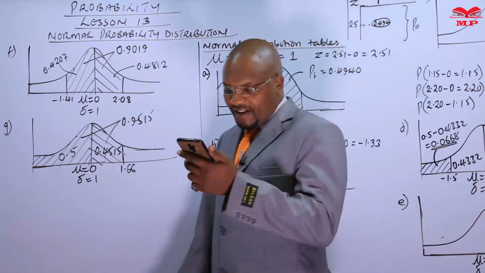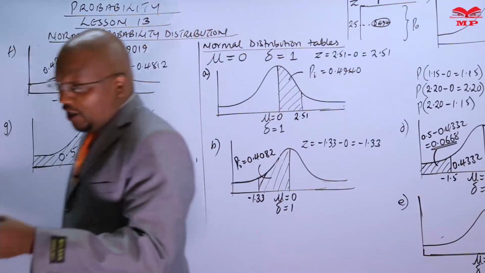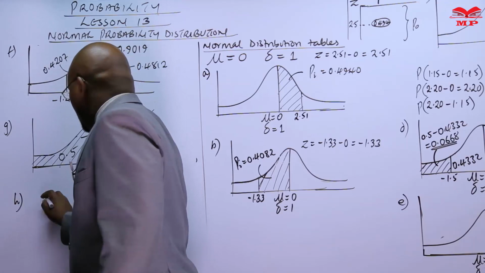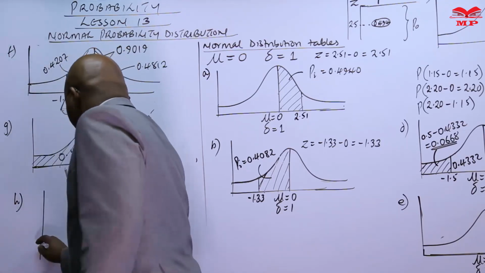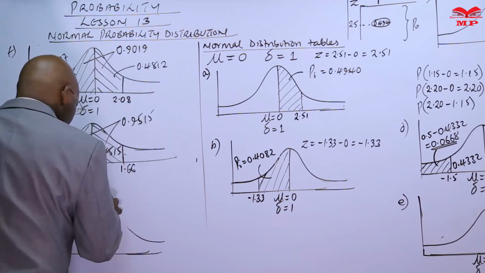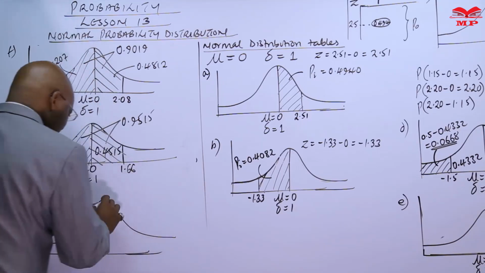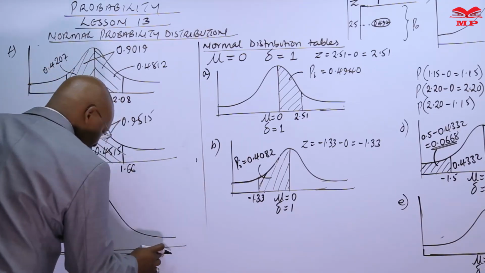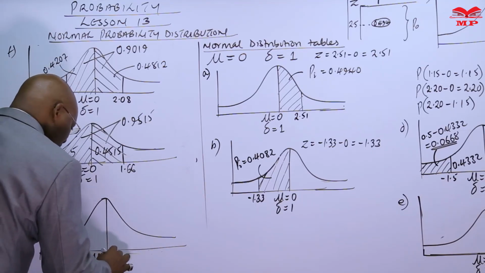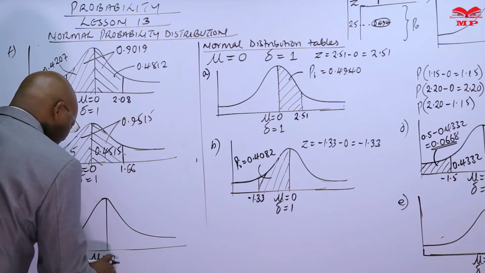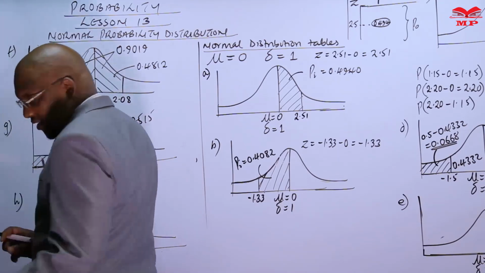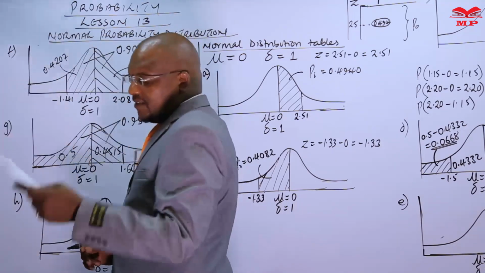And finally, number H, you are told greater than negative 0.03. This being our area, the mean is 0 and the deviation is 1. You are asked greater than negative 0.03.